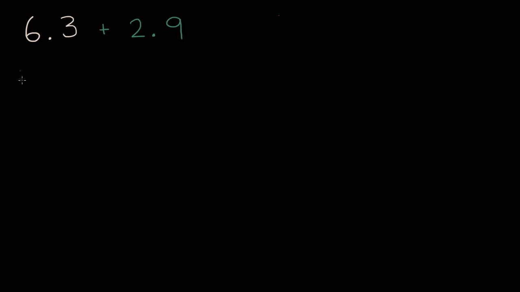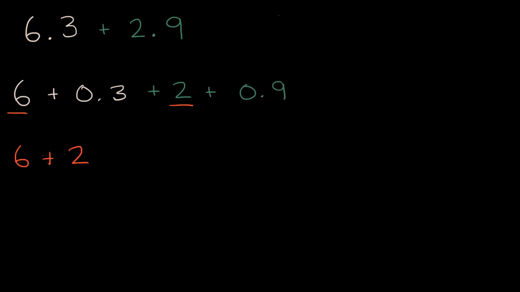This is going to be 6 and 3/10, so 6 plus 3/10, plus 2 plus 9/10. Or you could view this as 6 plus 2, so I'll put all my ones together, and then I'll put my tenths together, plus 3/10, plus 9/10.